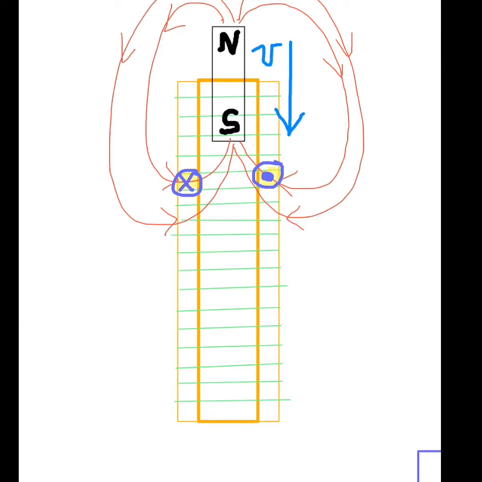So how can we finish this story off? We were hoping to figure out why that magnet fell so slowly through the tube. Well, if we apply our second right-hand rule, imagine the current flowing out of the board or your screen right here.